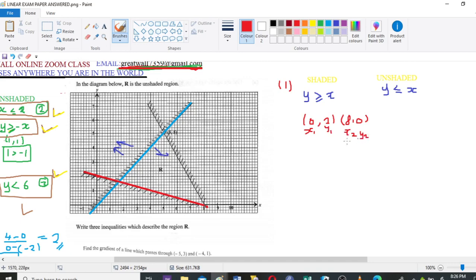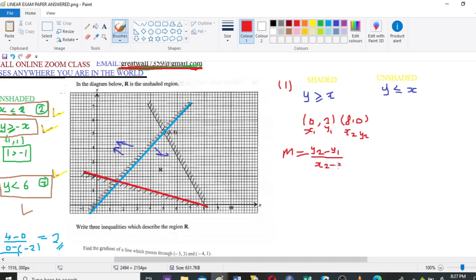Okay, so if this is the case, then we can calculate for the gradient. We know the formula for the gradient, that is y2 minus y1 over x2 minus x1, right?